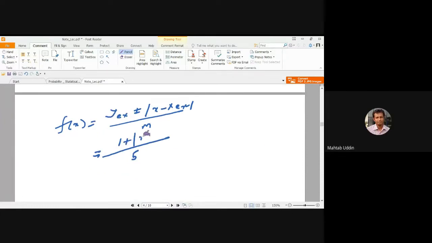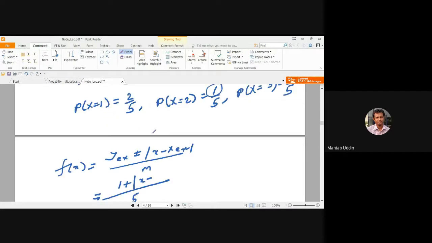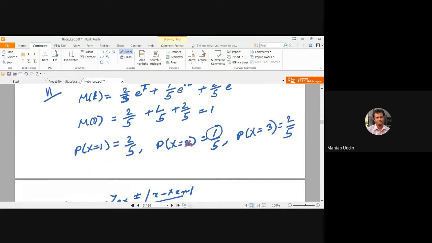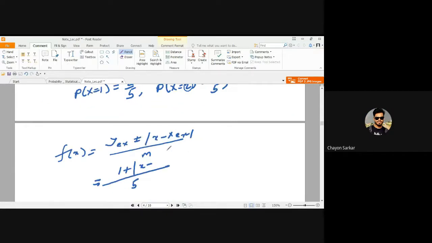And x, for which value is this minimum? For 2. That is the PMF. So one part is done.